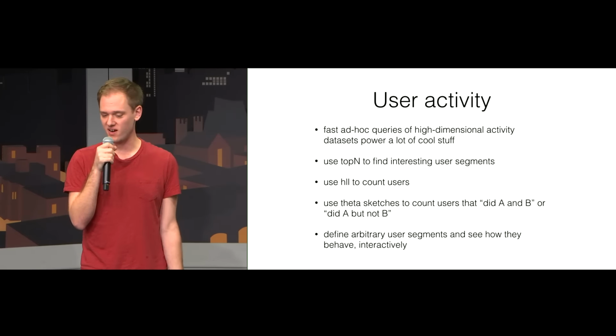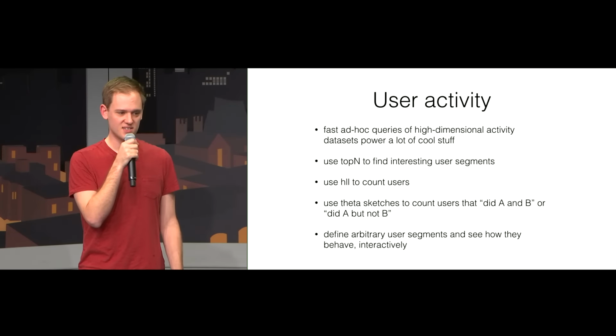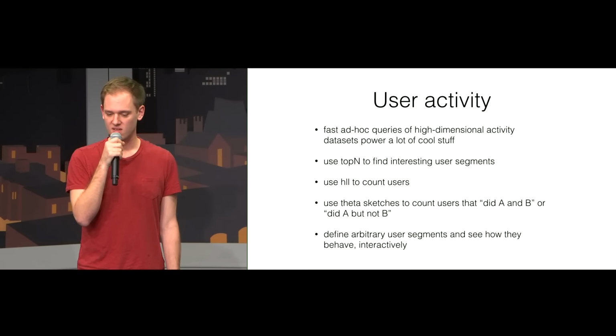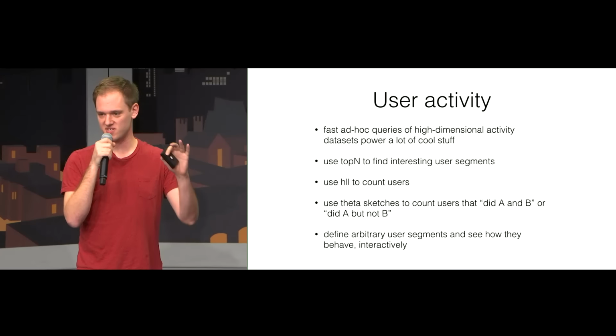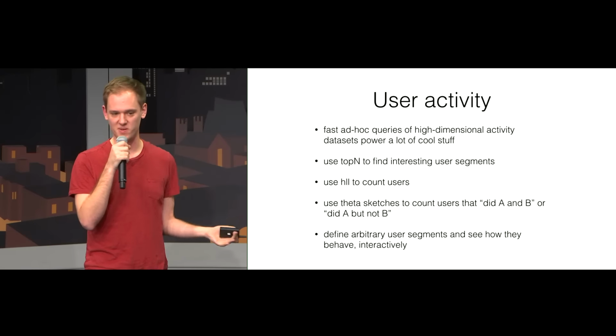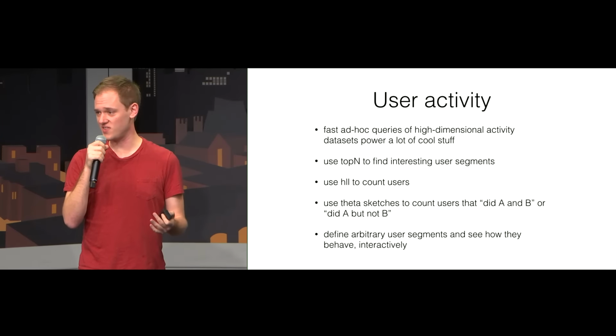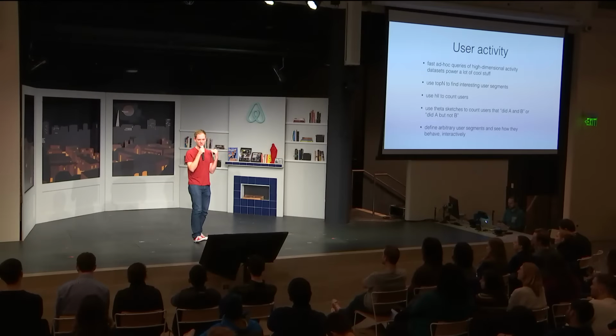You can also define arbitrary user segments and see how they behave interactively. I'm not sure if this is what Airbnb is doing with the Druid diagram that was up earlier, but you could define a user segment that matches the people in an experiment and see various metrics for people in that segment. Because you can define these ad hoc, there's no need to pre-compute anything. And if you start a new experiment, you can define a new segment immediately and have an answer within a second.